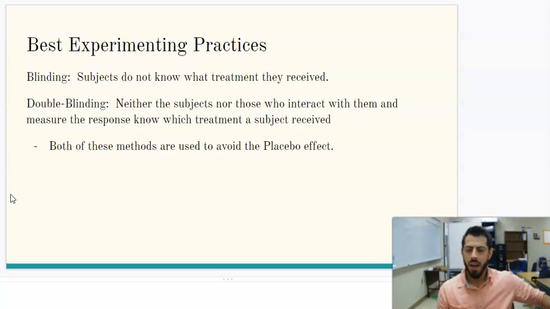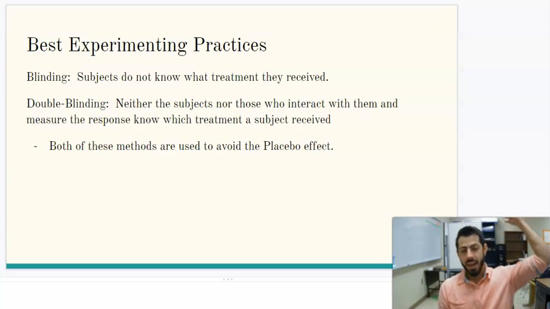If I double blind an experiment, then there's another layer to the blind. Somebody sorts all of the medications for me and puts them into a bunch of cups, and I don't know which medication goes into what cups. Then I give the medications to the subjects they're supposed to receive.